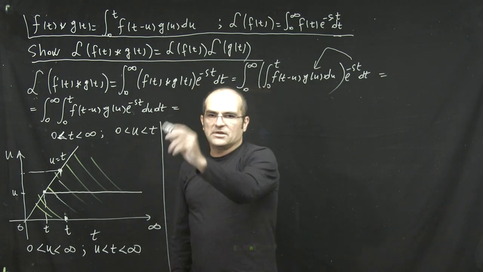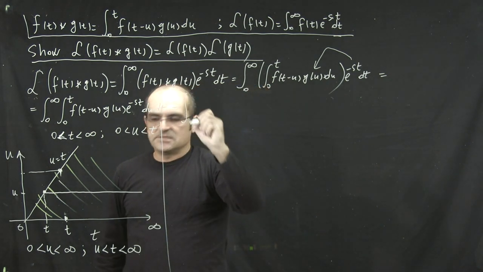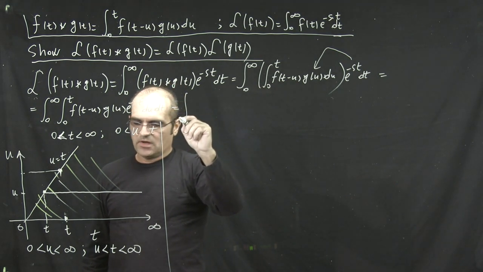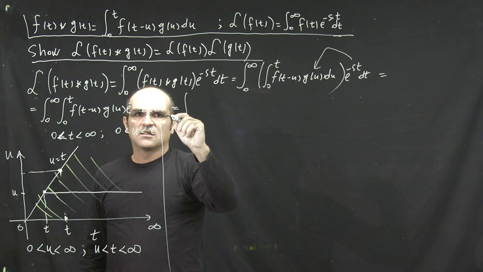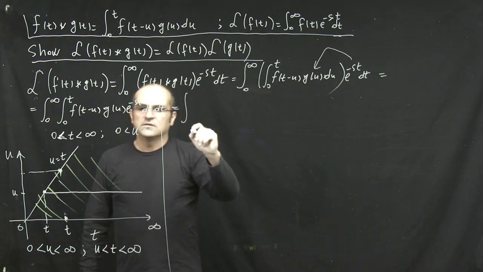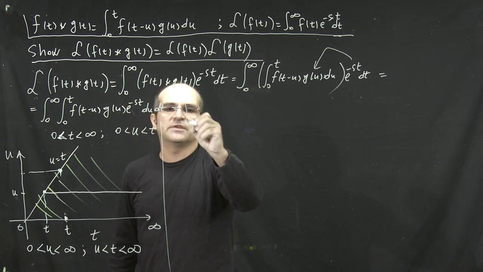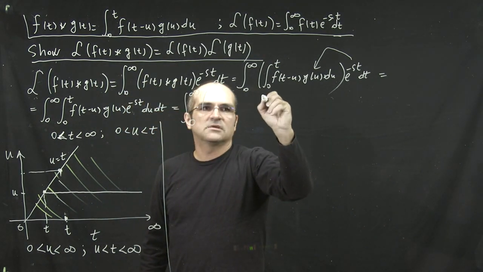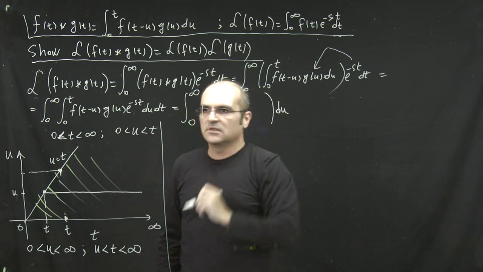So the entire double integral now becomes the integral from 0 to infinity du, that's now the outermost integral.